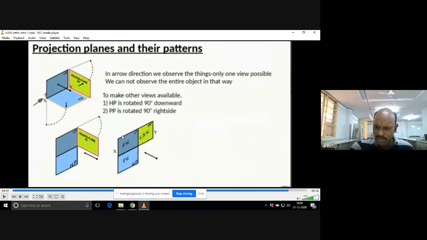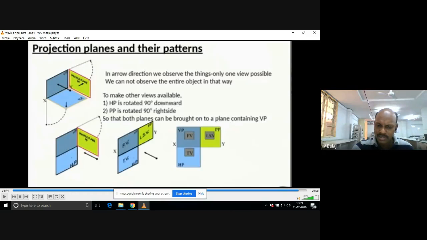Now when you draw on your drawing sheet, you need to remember, you need to draw the front view first, or top view. So top view and front view should be in one line, and front view and side view must be on some other line.